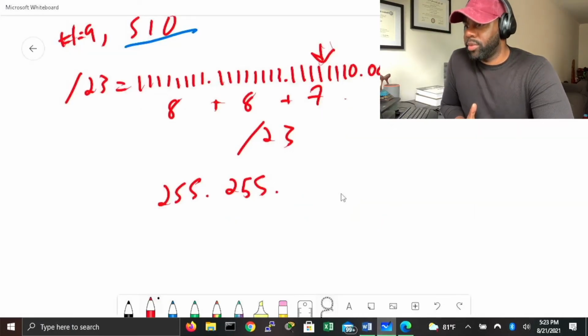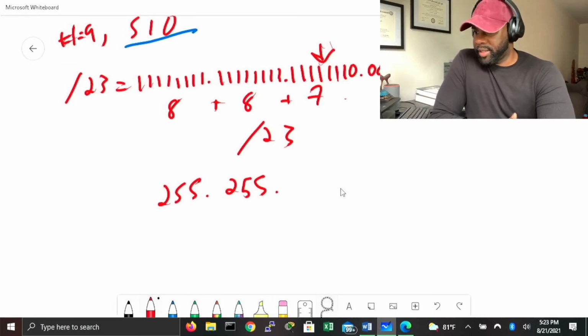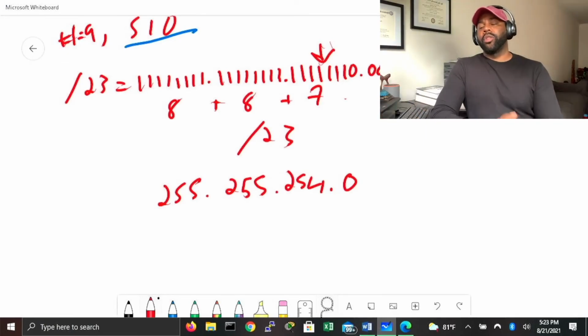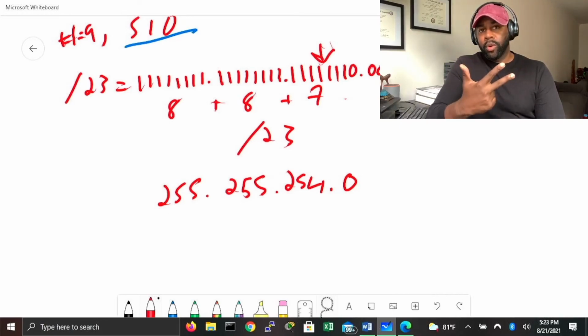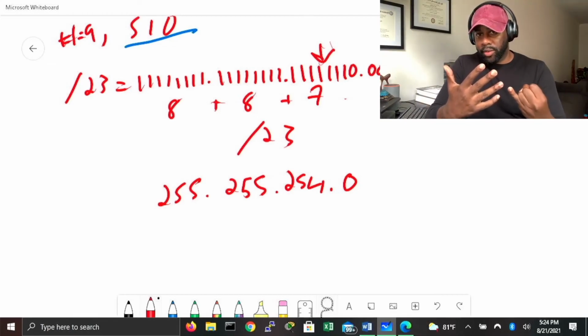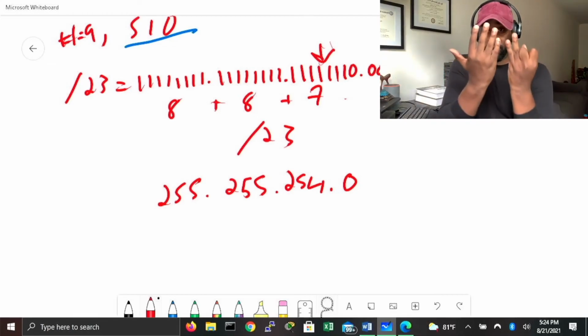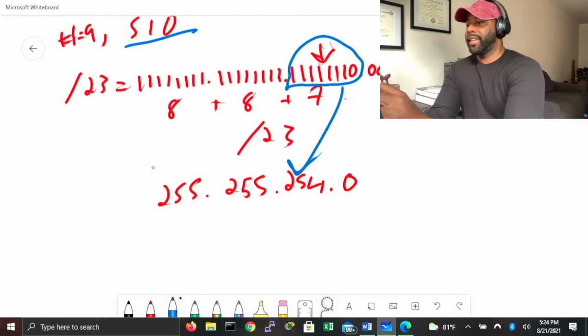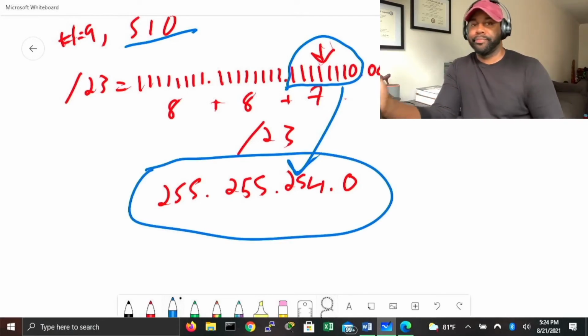Simple and straightforward. But I like to count on my hands: 128, 192, 224, 240, 248, 252, 254. These are 7 ones that are turned on. 254, so that is the mask that they're asking for.